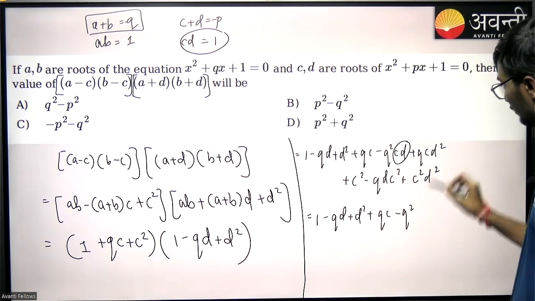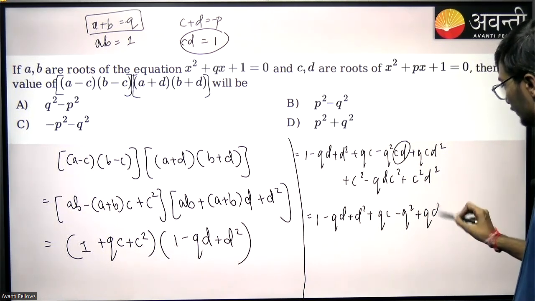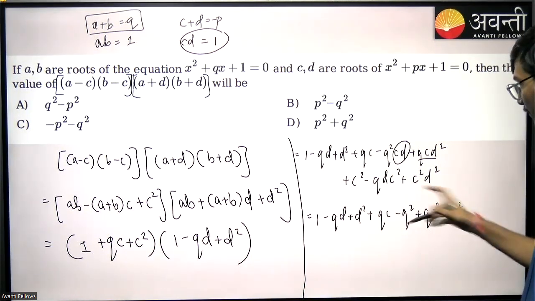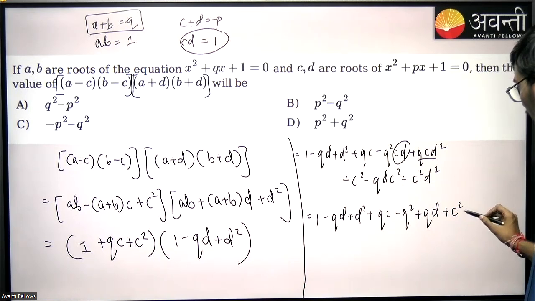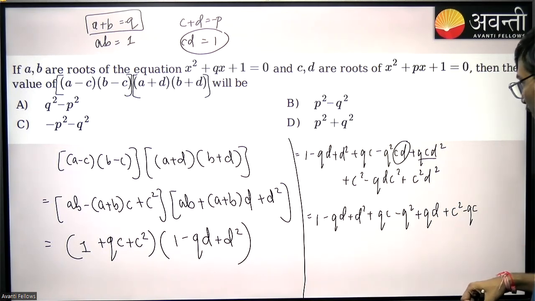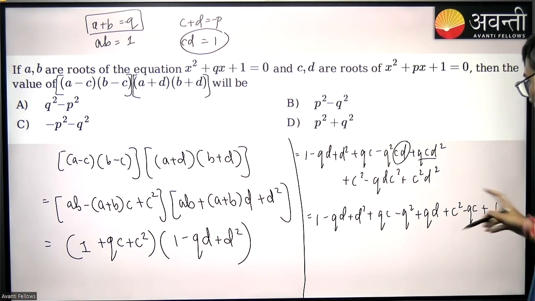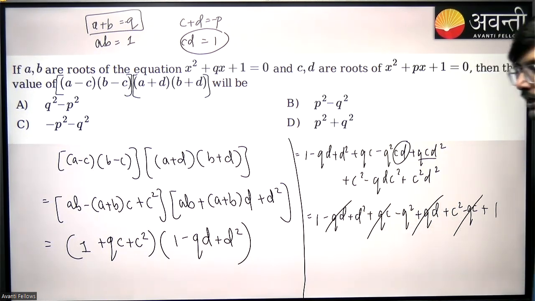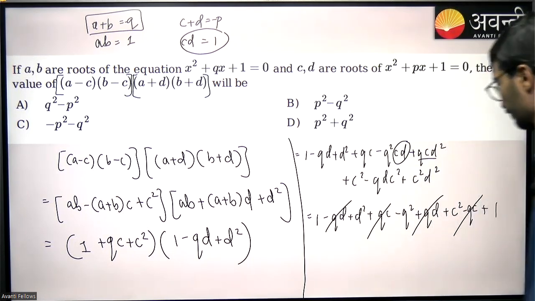Here cd will be 1, so I'll be left with qd for this term, right? So plus c square. cd will be equal to 1, so I'll be left with qc. cd will be equal to 1, so 1. Right, guys? I hope I am not missing anything. This qd and qd will get cancelled. qc and qc will get cancelled. Correct?